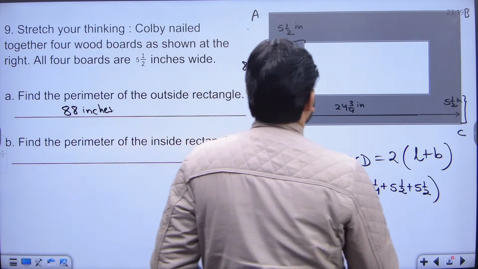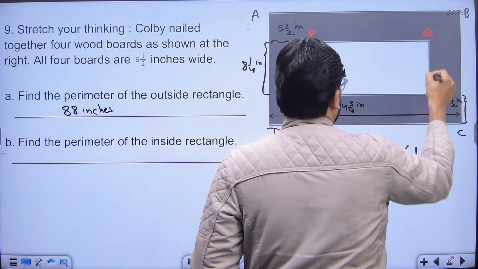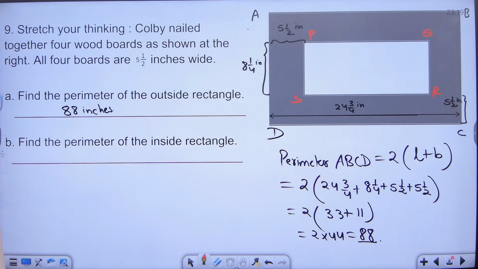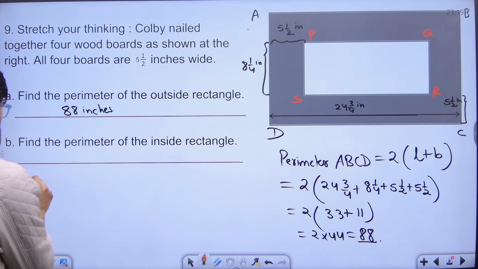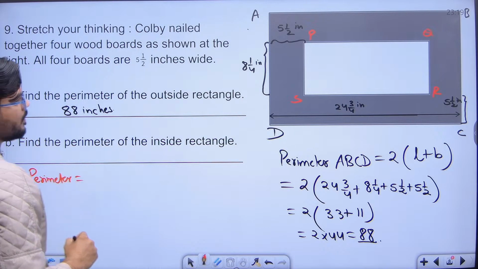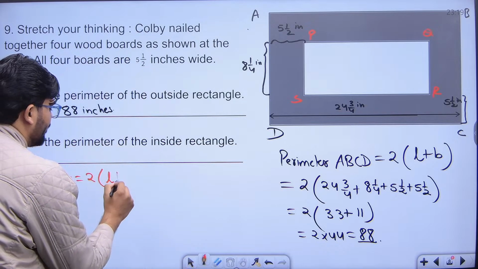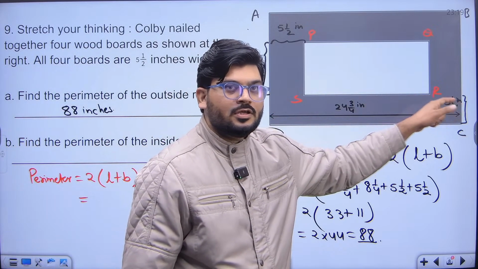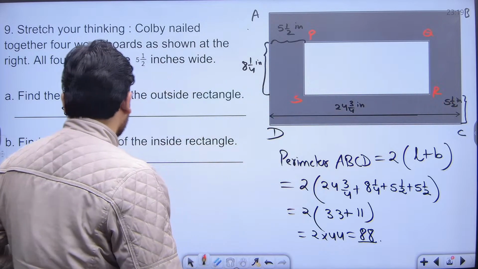Now, if somebody asks you what is the perimeter of the smaller rectangle, let us say PQRS. So how to find the perimeter of the inside rectangle? Again the same procedure we will follow. We will write perimeter is equal to 2 times (length plus breadth). First we will write the formula. So this is the length. This length we can get by subtracting 5.5 and 5.5 from 24 3/4.